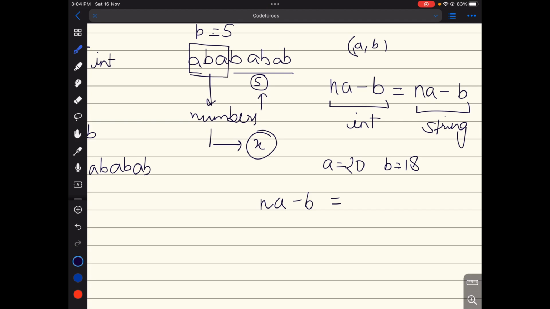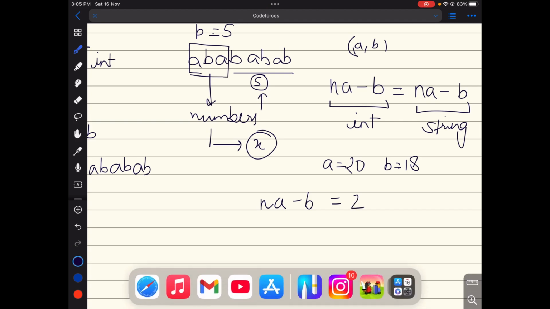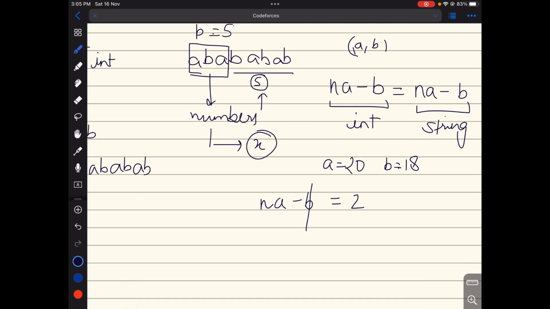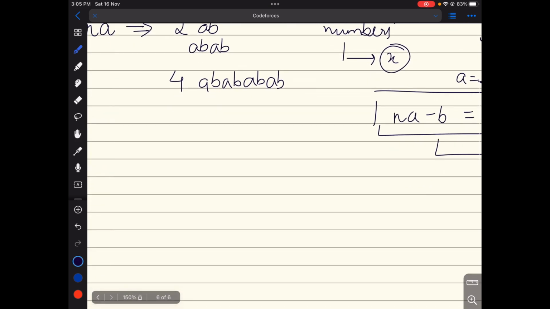So that would give us the answer as 2, which we want here as well. In terms of string, we would be getting the same answer as in terms of integer. Now, how to approach this problem?